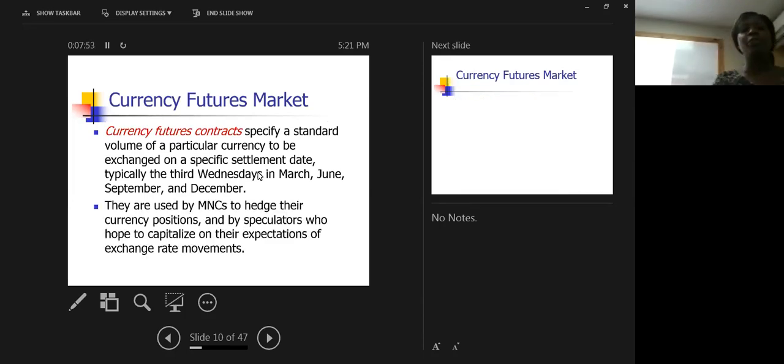So now we're on to futures, right? Currency futures contracts specify a standard volume of a particular currency to be exchanged on a specific settlement date. So just like futures, but with currency. You want to exchange a specified amount at a specified exchange rate on a specified date, right?